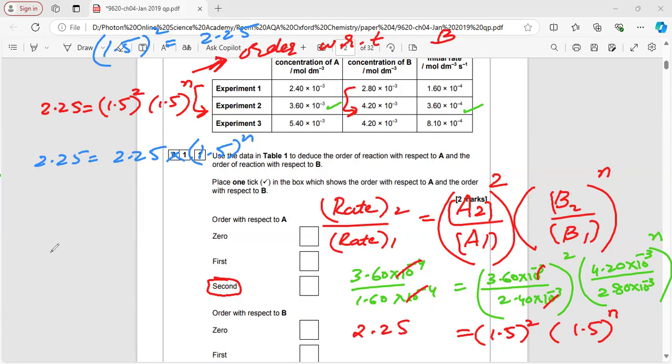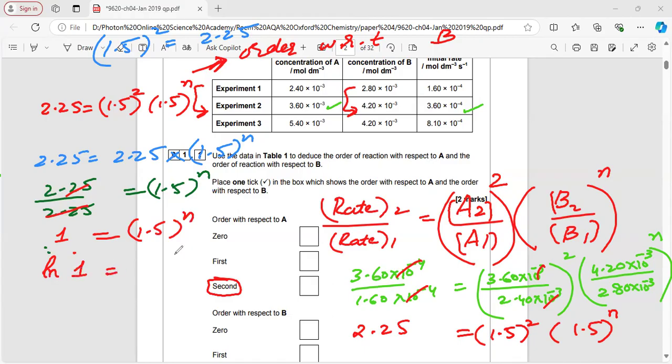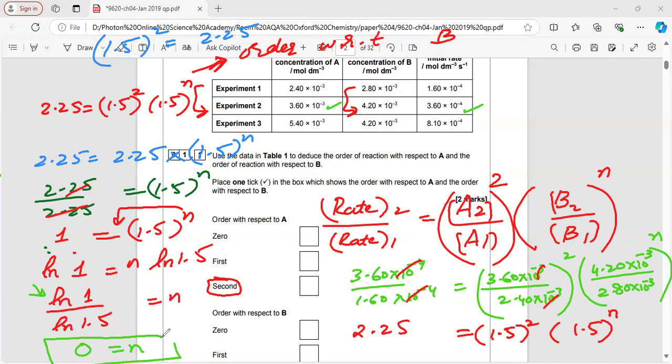Taking 2.25 to the other side, this will cancel out, and you just get 1.5 raised to power n equals 1. Apply natural log: natural log 1 equals n natural log 1.5. So natural log 1 divided by natural log 1.5 is equal to small n. When you put this in the calculator, you will get 0. n is 0, so it means zero order with respect to B.